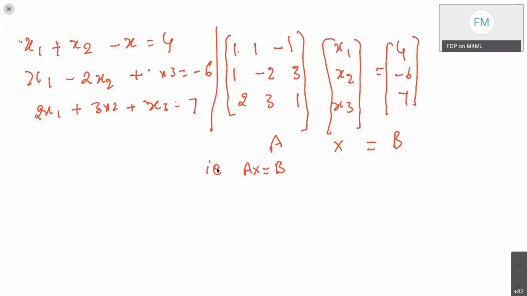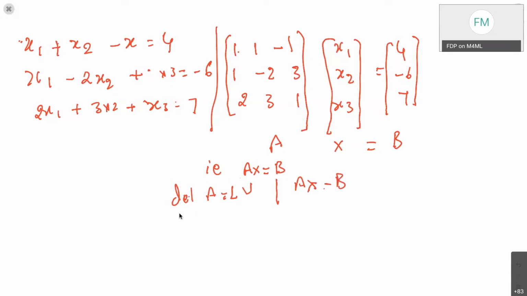Yeah. So we can solve this system using LU decomposition. To do this, the first thing is we try to determine A is equal to LU, and we substitute that into AX is equal to B, right?